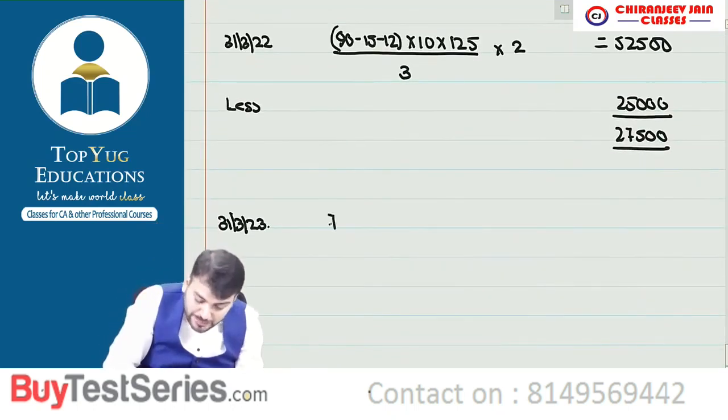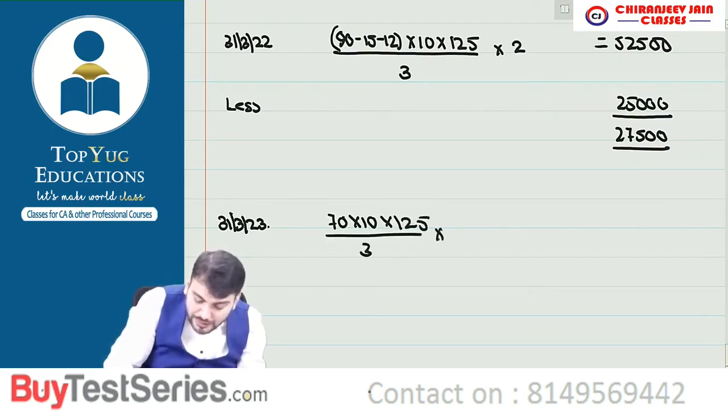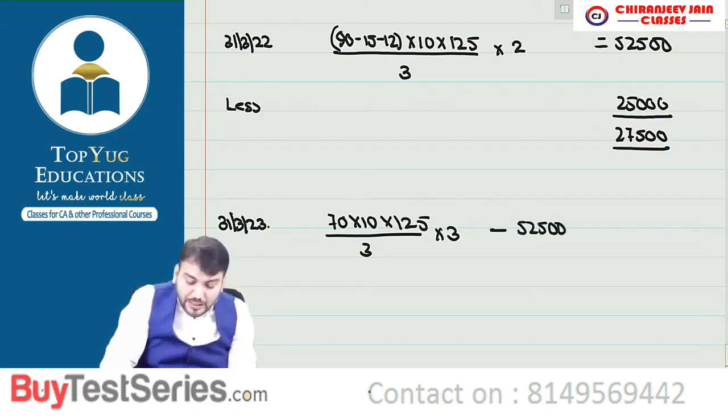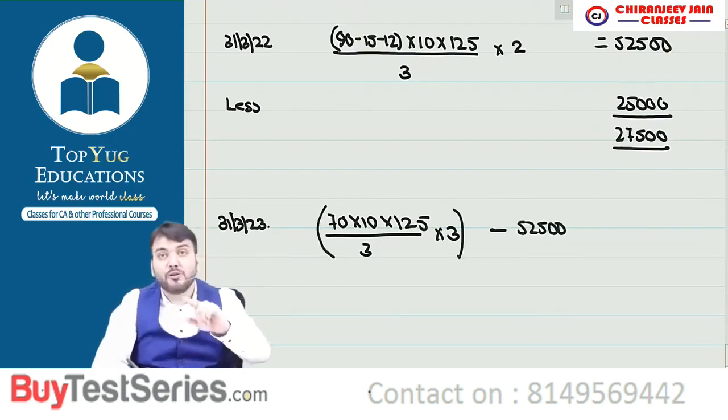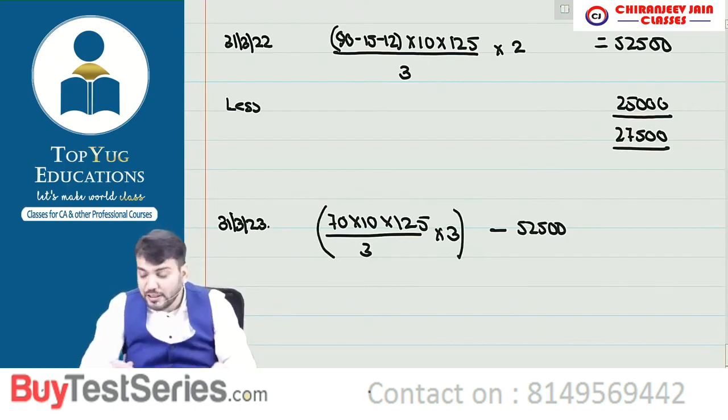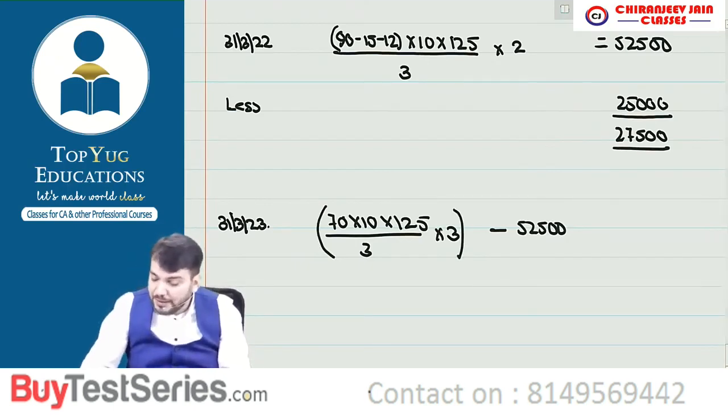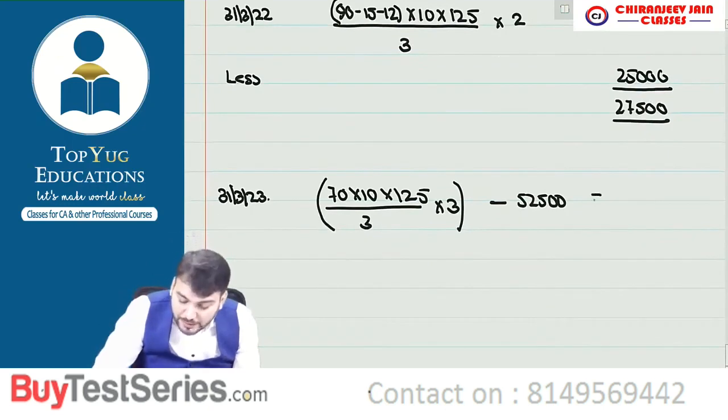So now we'll take 70 employees into 10 into 125 divided by 3 into 3, minus 52,500. This is the total expense of 3 years, out of which 52,500 is already recognized. So 70 into 10 into 125 minus 52,500 is equal to 35,000.